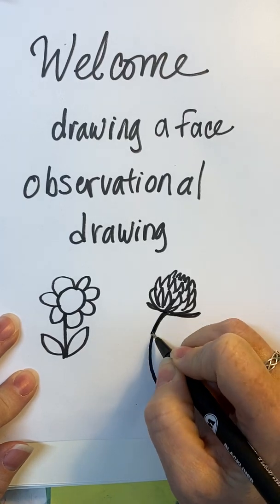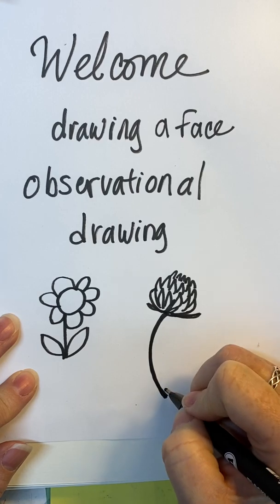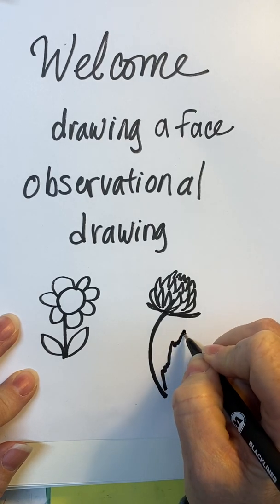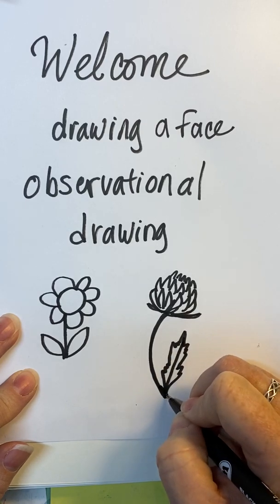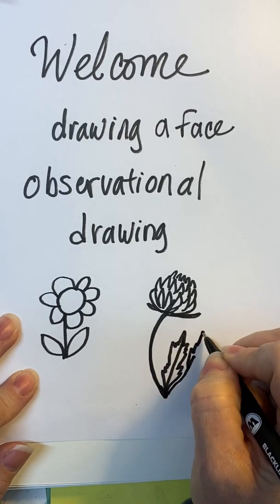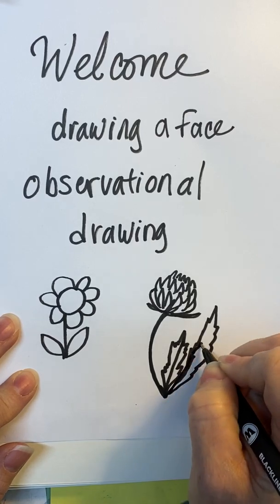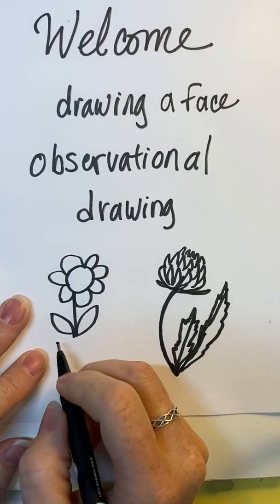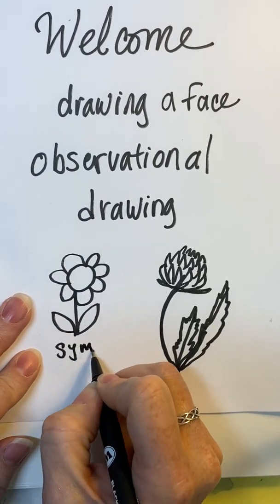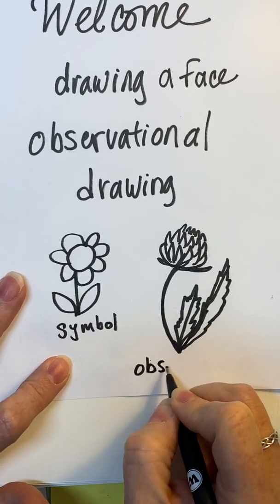And then it has a long stem. And then the leaves are kind of pokey like that, and the leaves come up in groups. And there's just a little more detail in this flower. So do you see the difference between my symbol right here and my observational drawing?